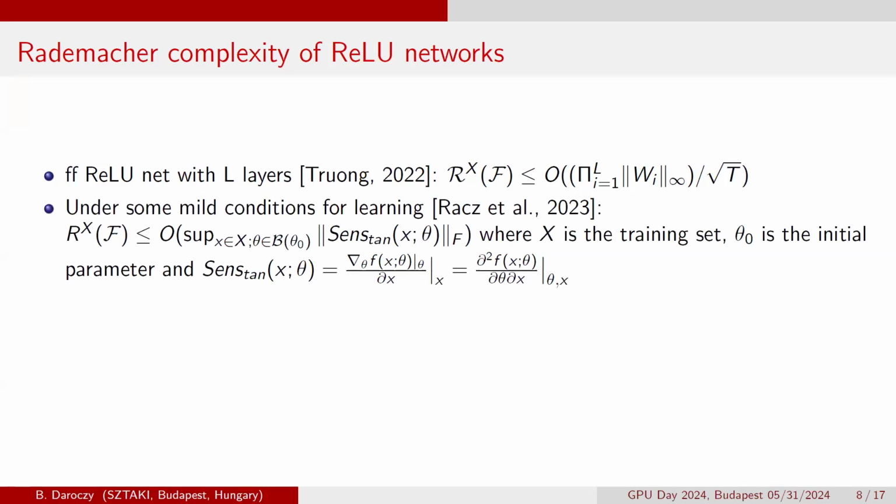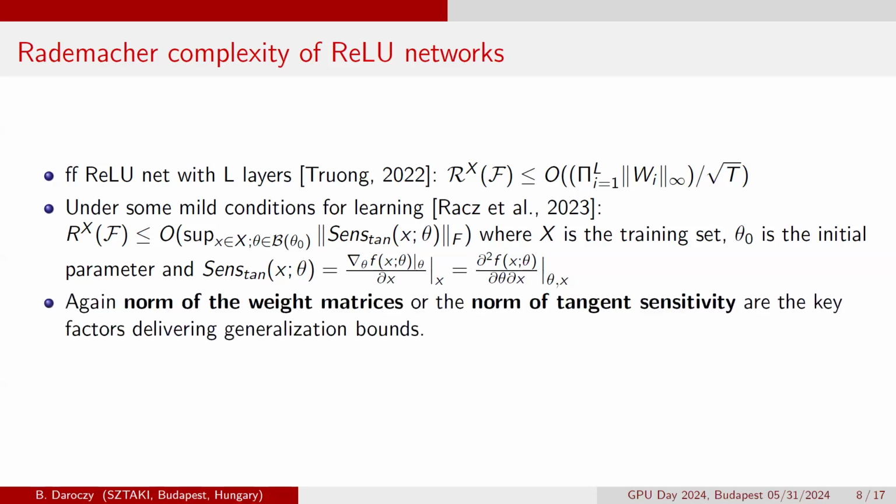It can also be connected to a different kind of norm, called tangent sensitivity, which is actually smaller than the first one. What I want to show you today is that it's a bit tricky, because calculating these norms is easier, while the tighter ones are much harder to compute.